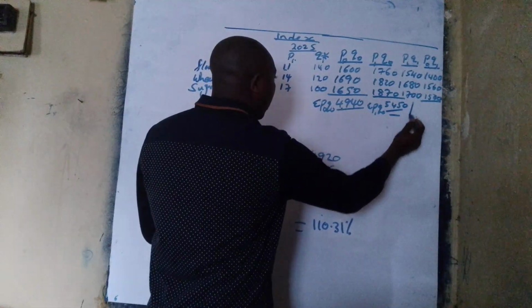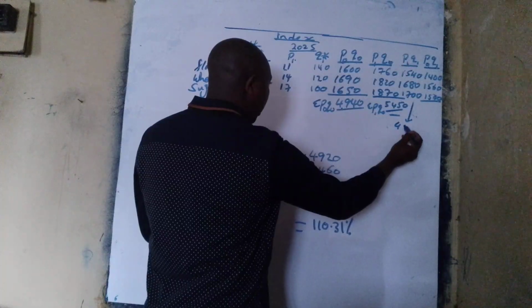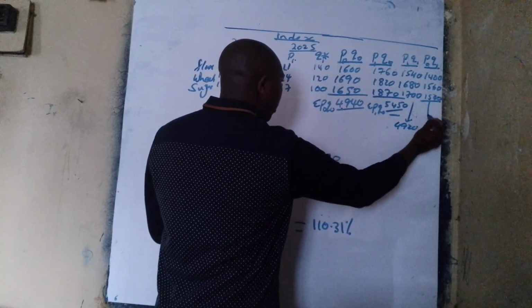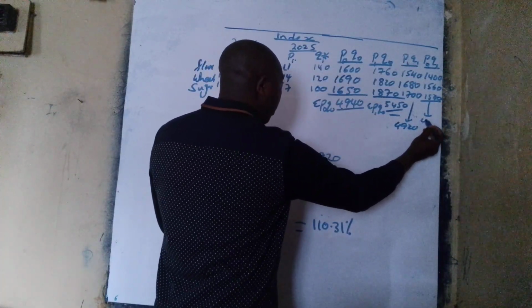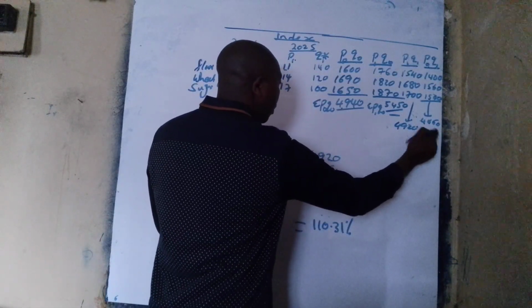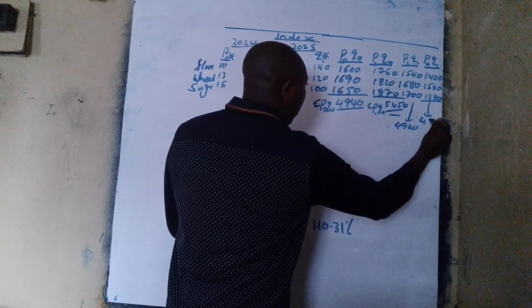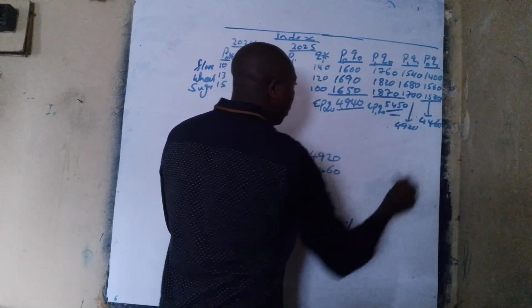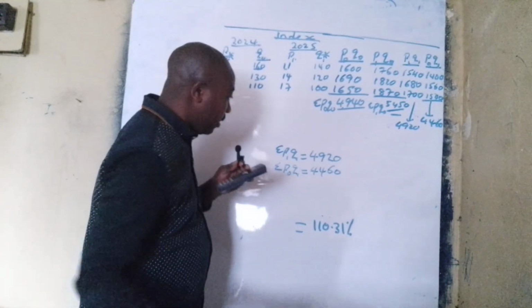For this summation, let me write it here, 4920. For this one, 4460. We will just use it.